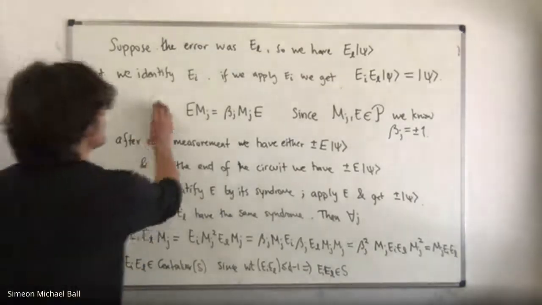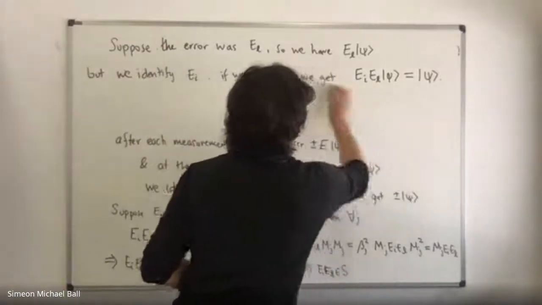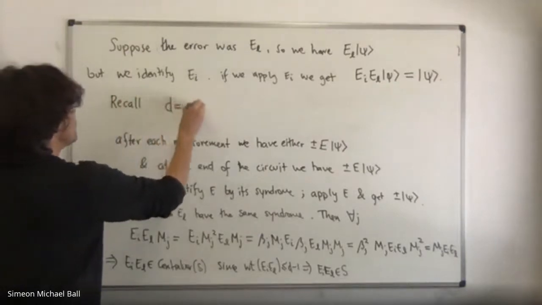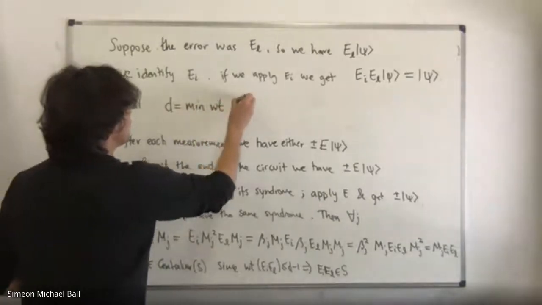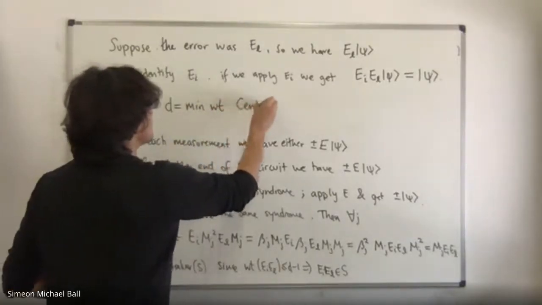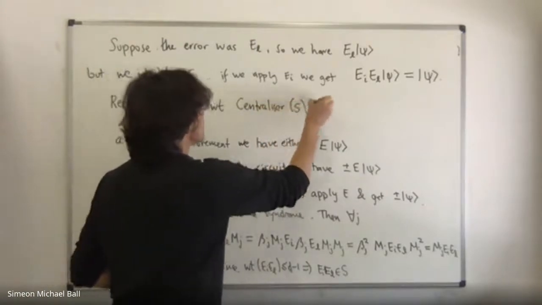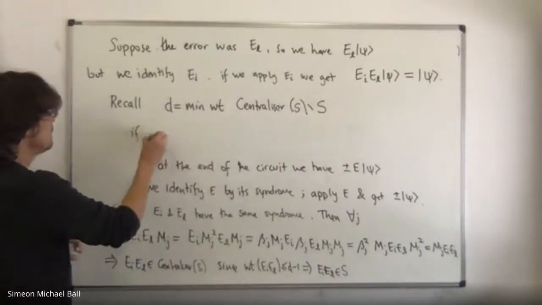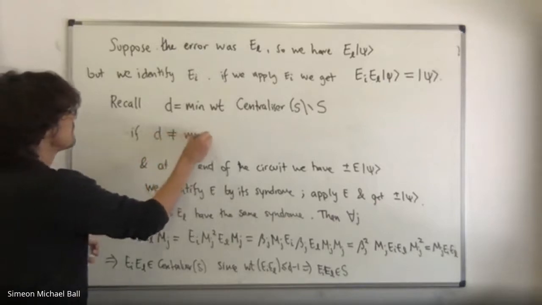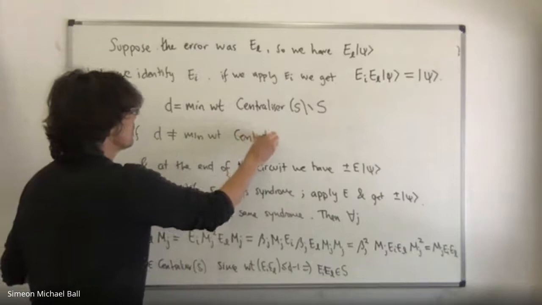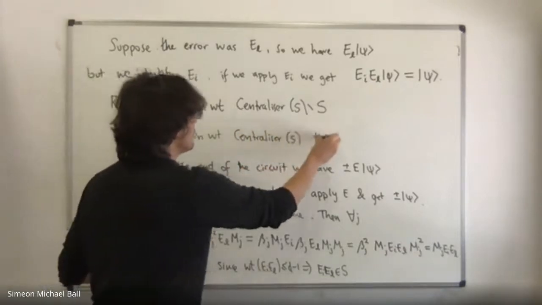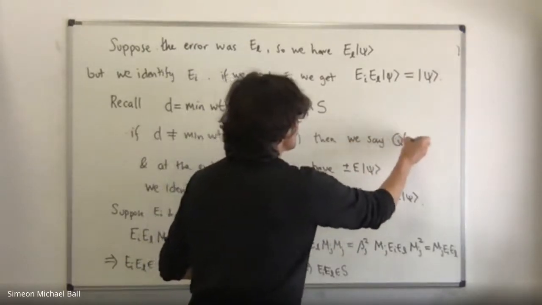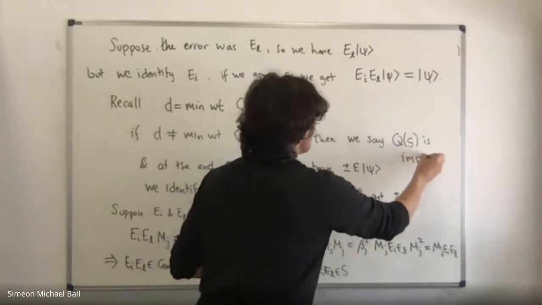So then we give these codes a name. So recall that d was equal to the minimum weight of the centralizer of S not in S. If d is not equal to the minimum weight of the centralizer of S, then we say the code Q(S) is impure.